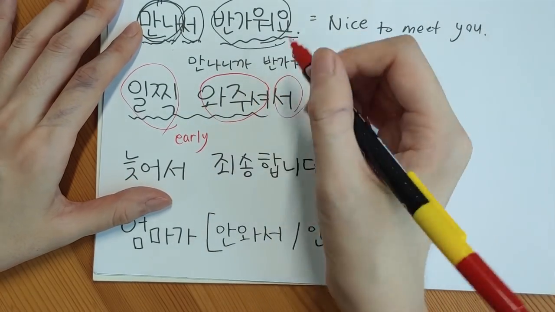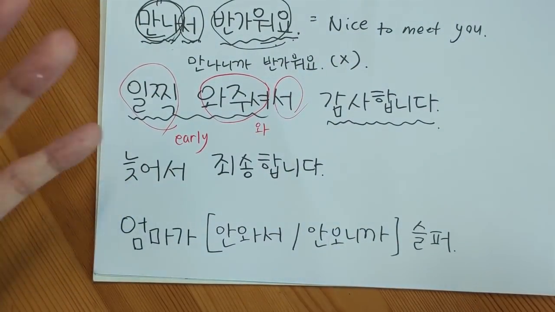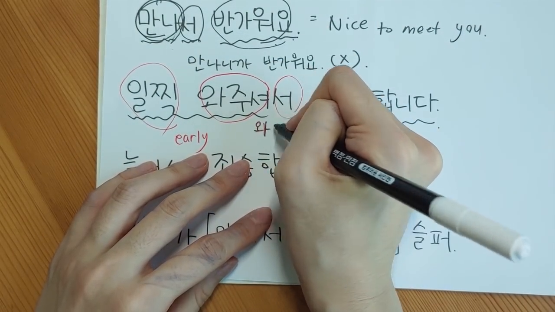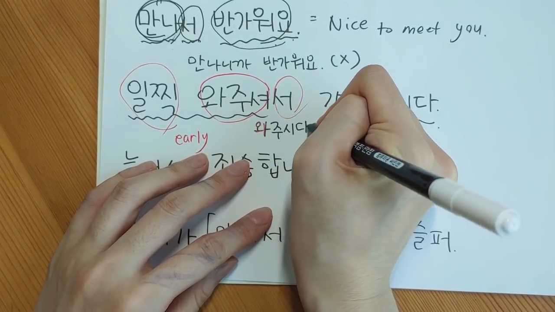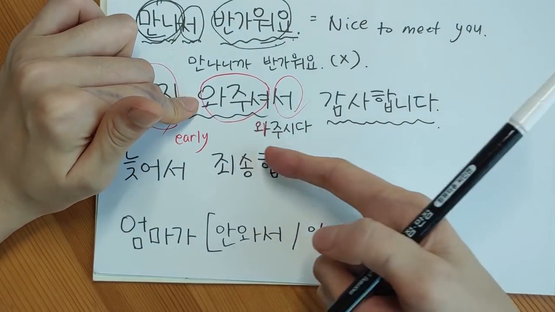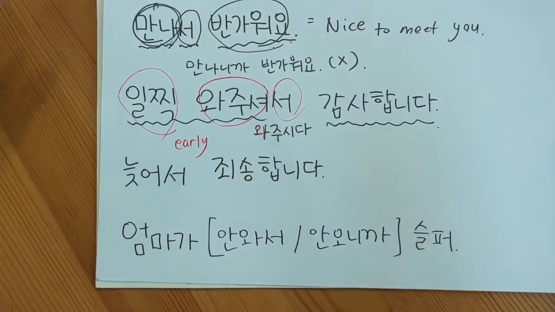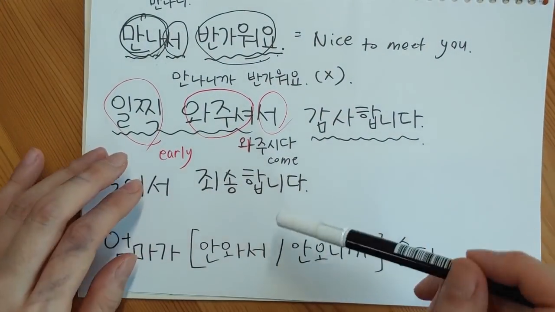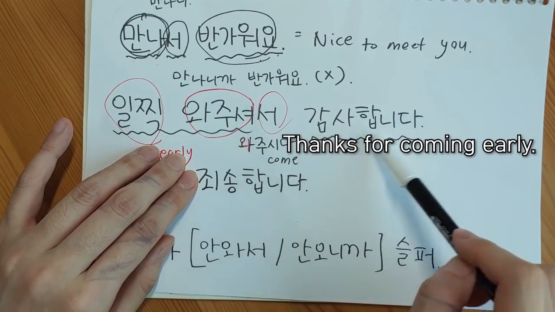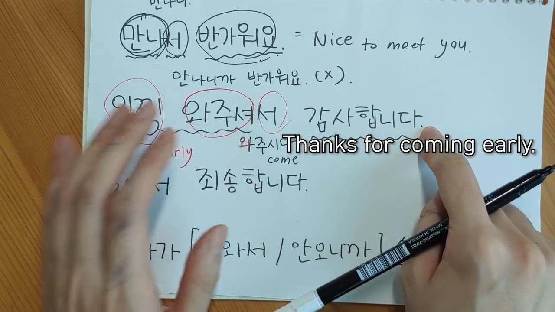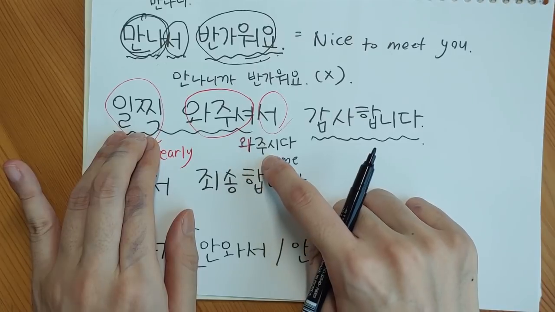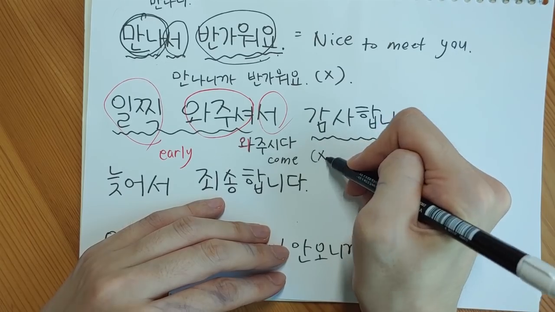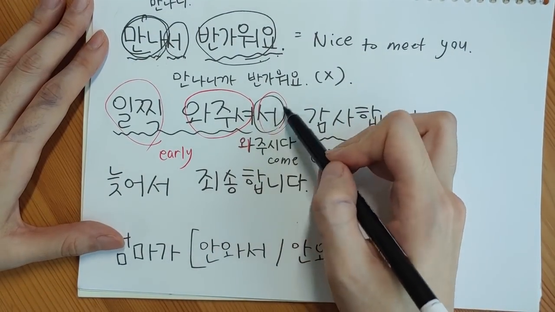And 와주셔서, this is a verb that we have to learn in a separate video, but it's basically the stem of the verb 와주시다, which means to come, a polite way to say come. So it means early come, so thank you. 일찍 와주셔서 감사합니다. If you say 일찍 와주시니까 감사합니다, it's going to sound a little bit off, weird. So in this case, go with 서.